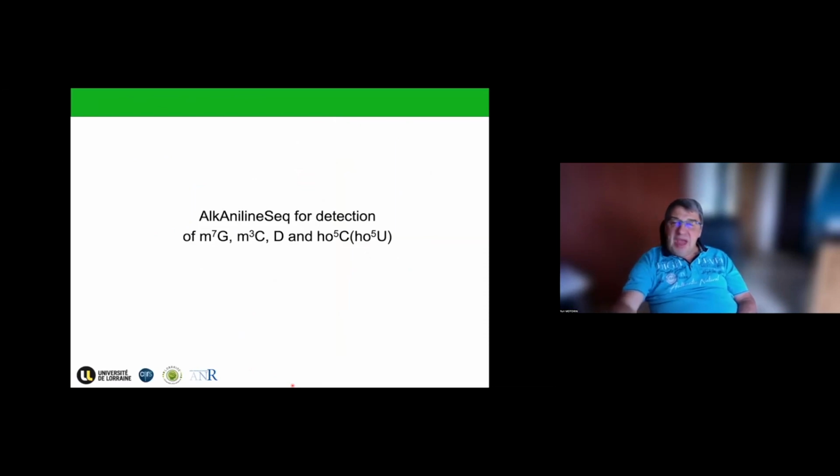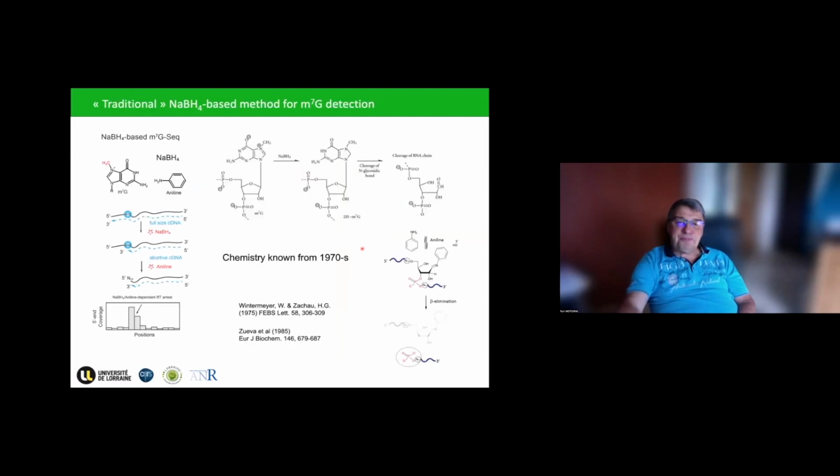So I will talk more in detail about AlkAniline-seq for detection of m7G, m3C, dihydrouridine, and also, as we know now, oxidized hydroxy-C and hydroxy-U in RNA.